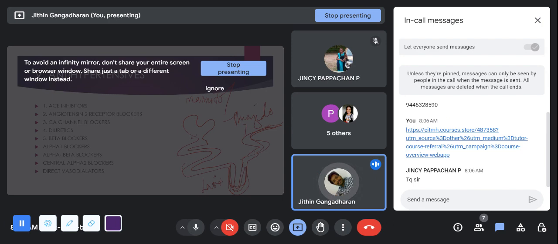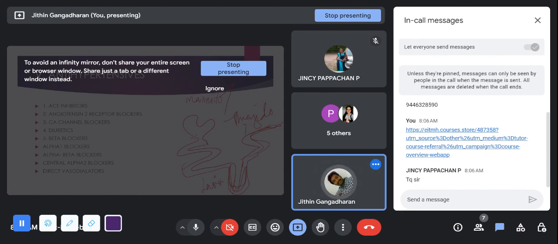Now, for the diuretics there is some nursing management. See, in potassium sparing diuretics there is a chance of developing hyperkalemia. And when Lasix is given with aspirin, it causes toxicity of the aspirin.